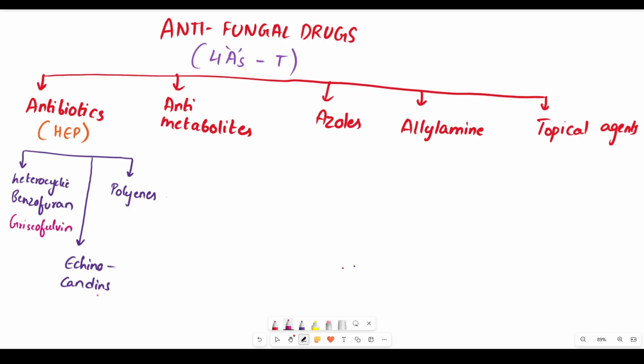And coming back to echinocandins, remember the trick as CAM, where C means it is the first example, that is caspofungin. A means it is the second example, that is anidulafungin.